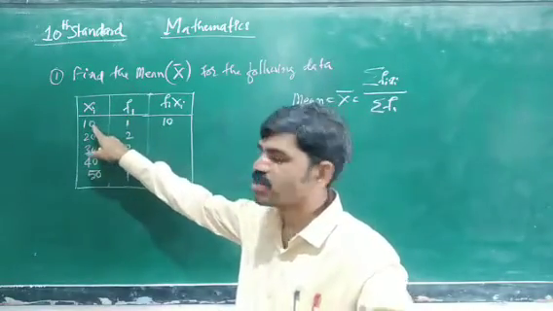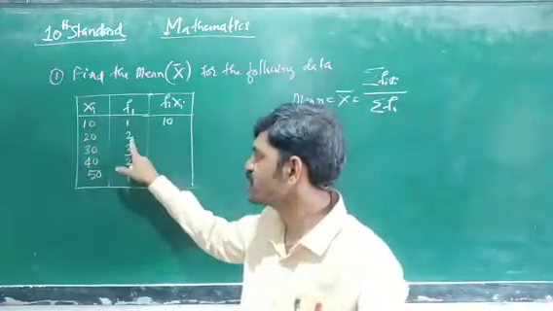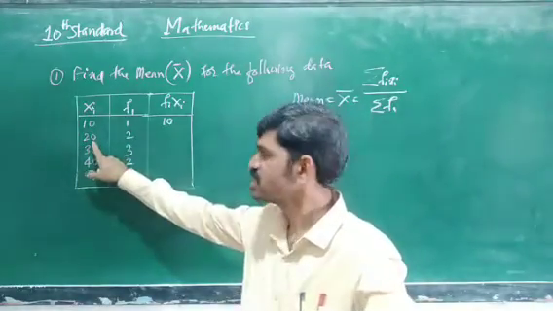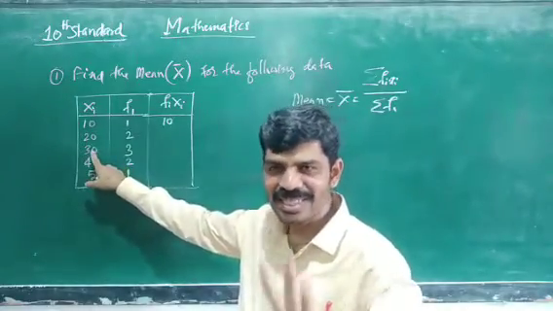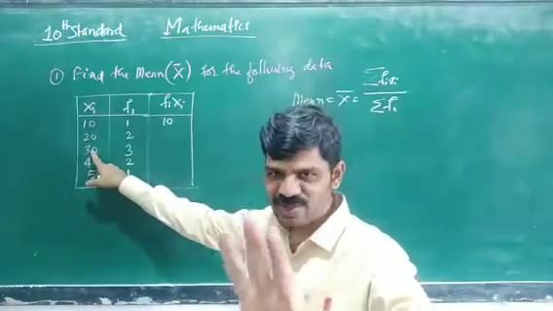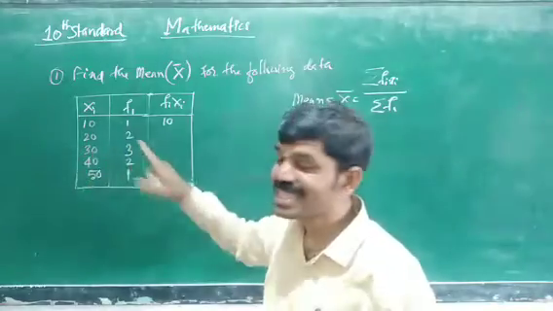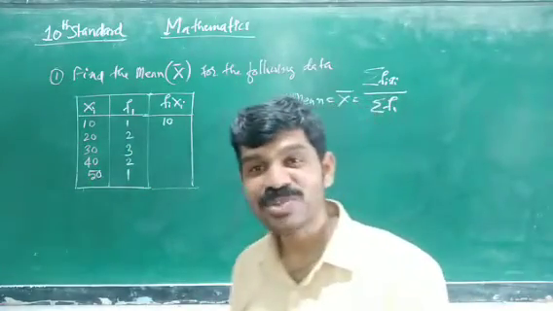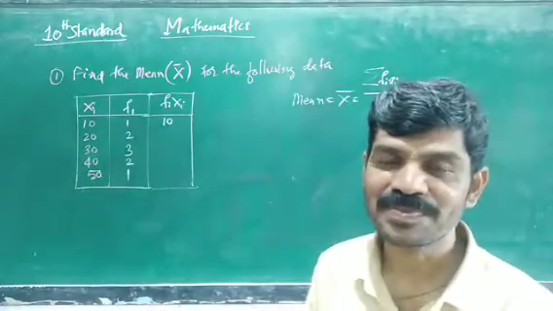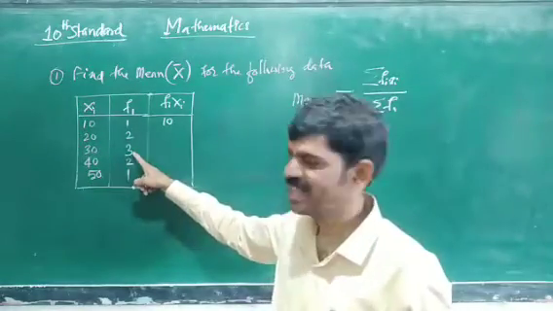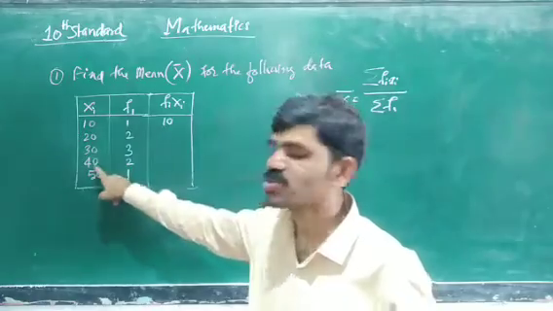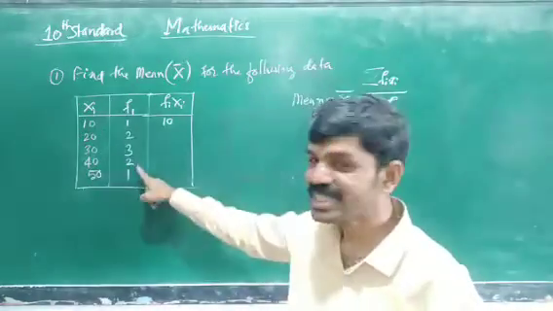One person has scored 10 marks, two persons have scored 20 marks, three candidates have scored 30 marks, so the frequency is 3. There are two students who scored 40 marks, the frequency is 2.